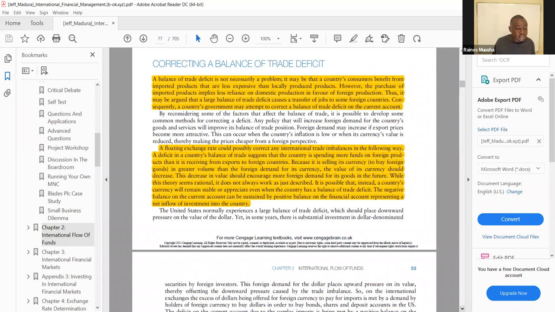So this is why you see that many developing nations rely a lot on what? Foreign direct investment, mainly because they usually have a situation where their current account is in deficit. So for them to be able to sustain going into the future, they are going to be relying on more inflow of what?